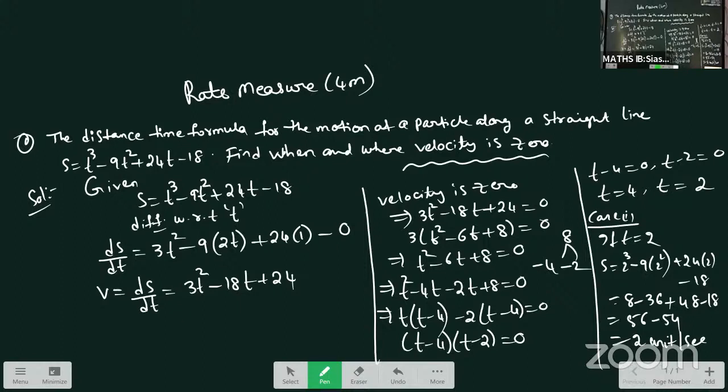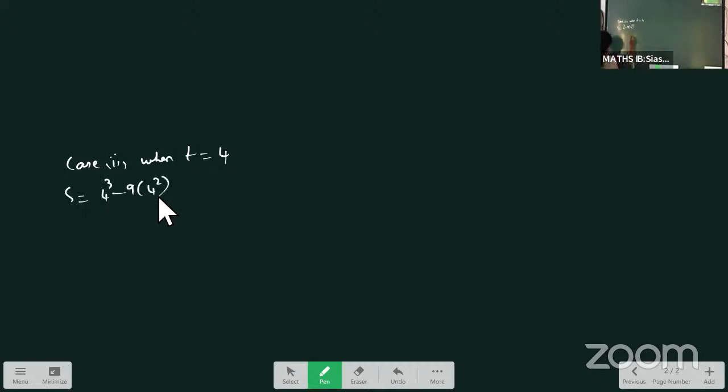Next, case 2. When T is equals to 4. S is equals to T cube minus 9 into T square plus 24 into T minus 18.